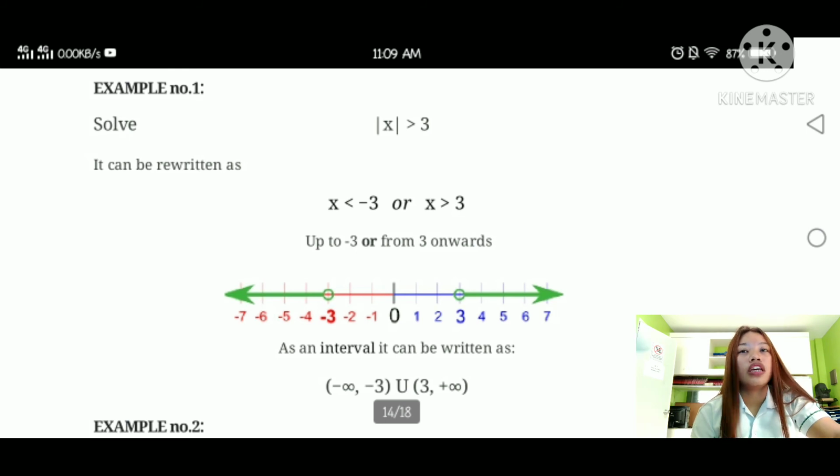So it can be written as x is less than negative 3 or x is greater than 3. You can see the graph on the screen. Then as an interval, it can be written as negative infinity to negative 3, or 3 to infinity.